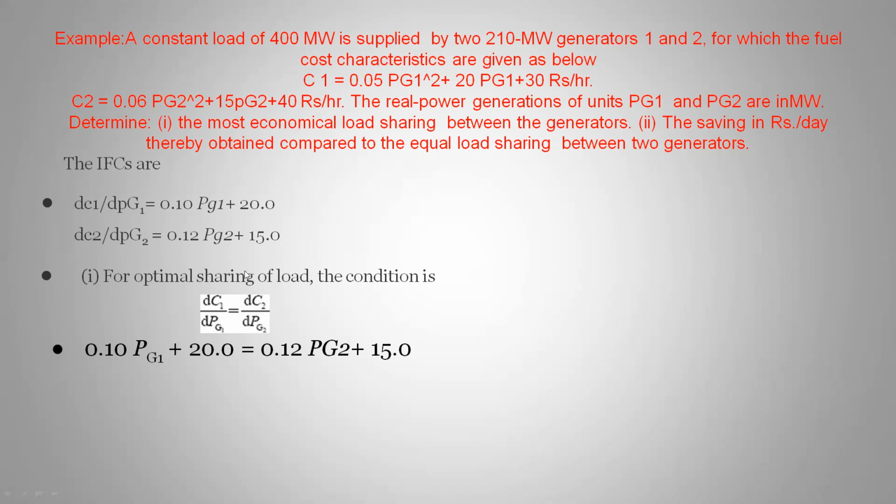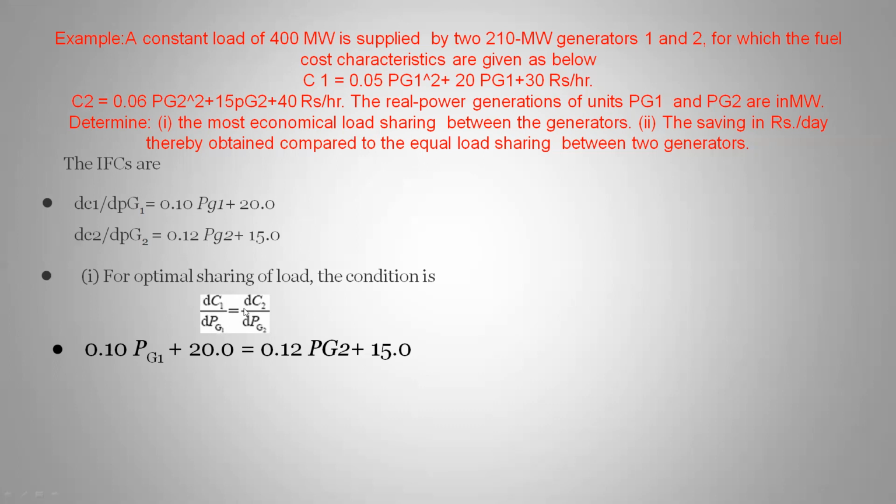What is the optimal sharing of load? The condition is dC1 by dPg1 equal to dC2 by dPg2. So what is dC1 by dPg1? The differentiation of C1, dC2 by dPg2 the differentiation of C2.